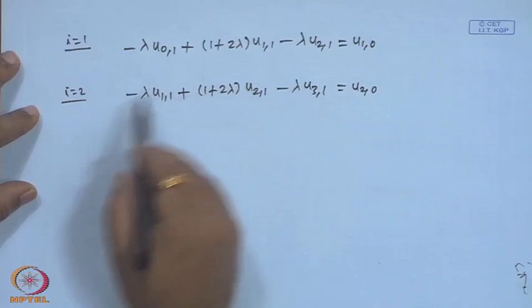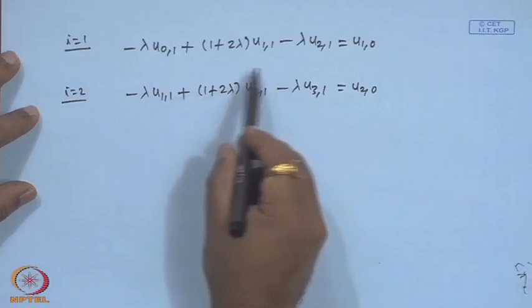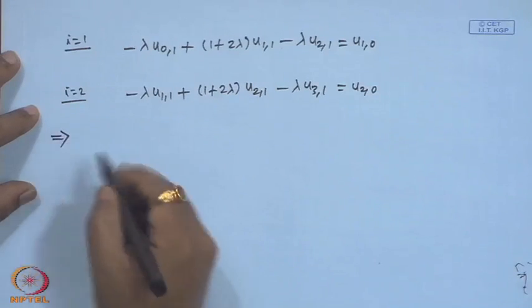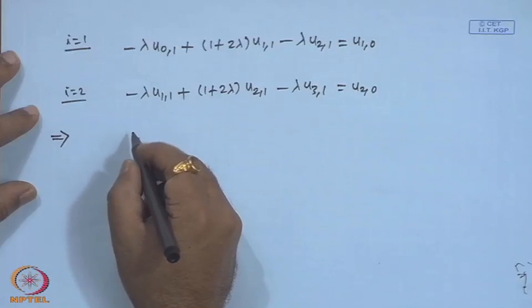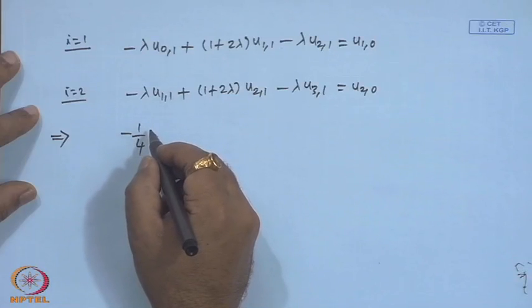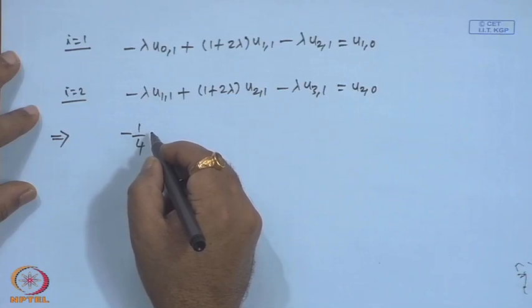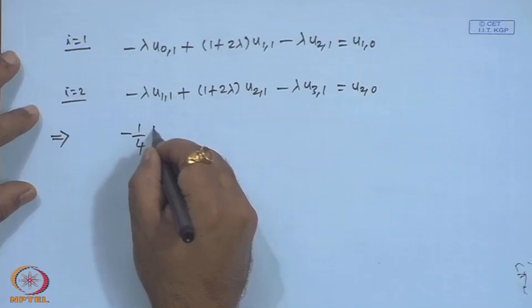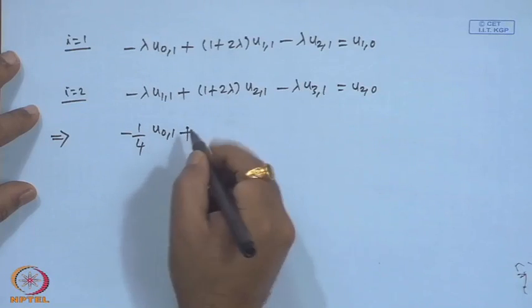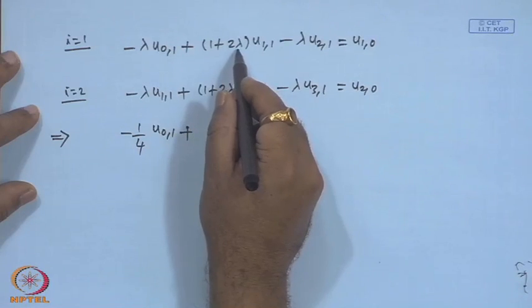So, now if we use the values of lambda, the system becomes, so lambda is 1 by 4.